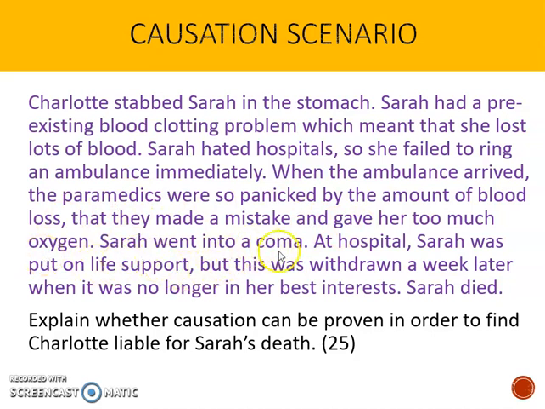Sarah went into a coma. At hospital, Sarah was put on life support, but this was withdrawn a week later when it was no longer in her best interests. Sarah died. And you're being asked to explain whether causation can be proven in order to find Charlotte liable for Sarah's death.